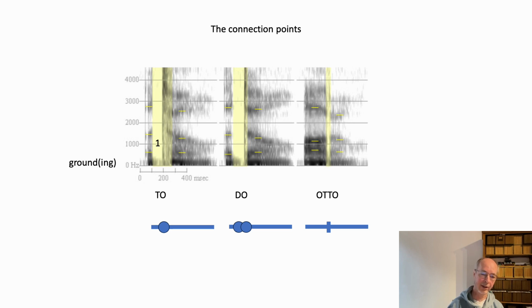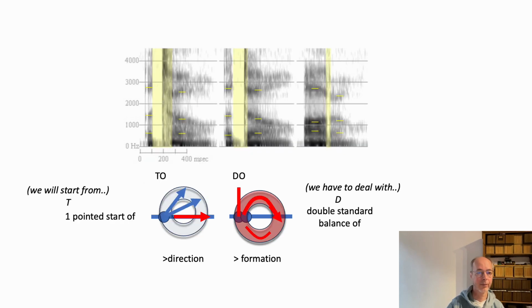The connection points are different, or to with a very short t is a different kind of connection. And if I analyze it a little bit, then you will see that the small connection will direct you somewhere in a certain direction, while the double connection, the double T in D, the emphasis will go much more to the process, it is slower. It will go to the formation.